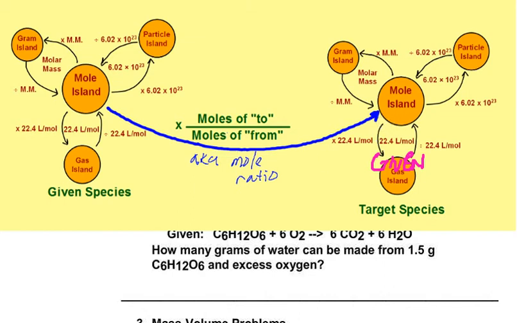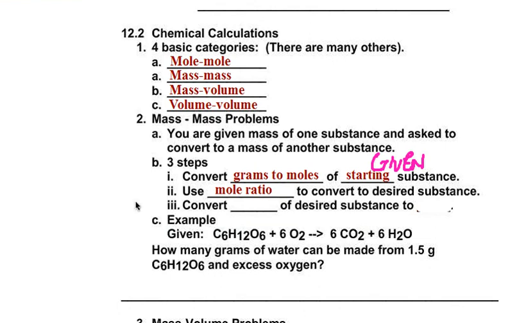That's the moles of the target over the moles of the given: given on the bottom, target on the top. And so let's do away with mole lines for right now.